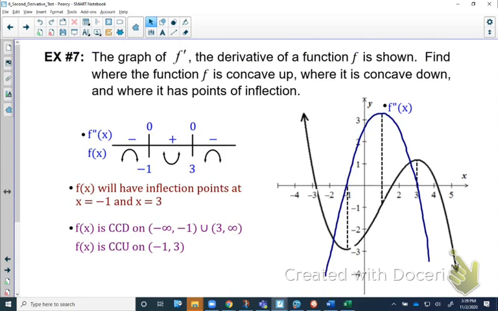It's not asking us to sketch it, but if we wanted to, we could probably sketch that primary function, and it should all match what the second derivative test is doing and the intervals that we are able to determine where they're concave up and concave down.